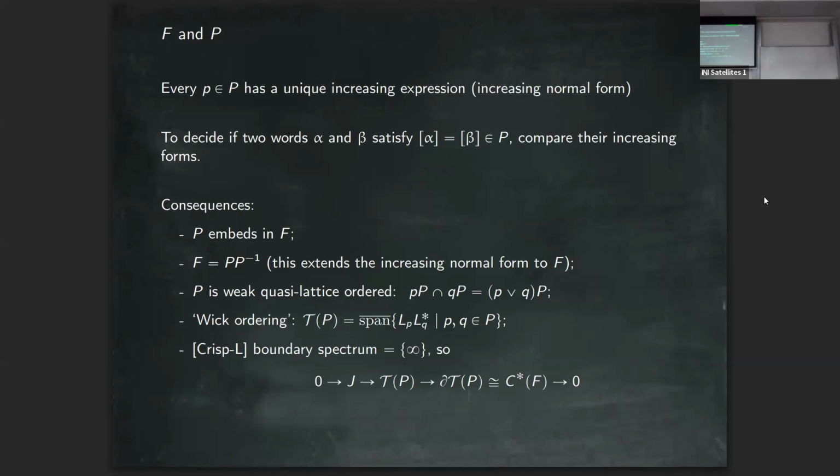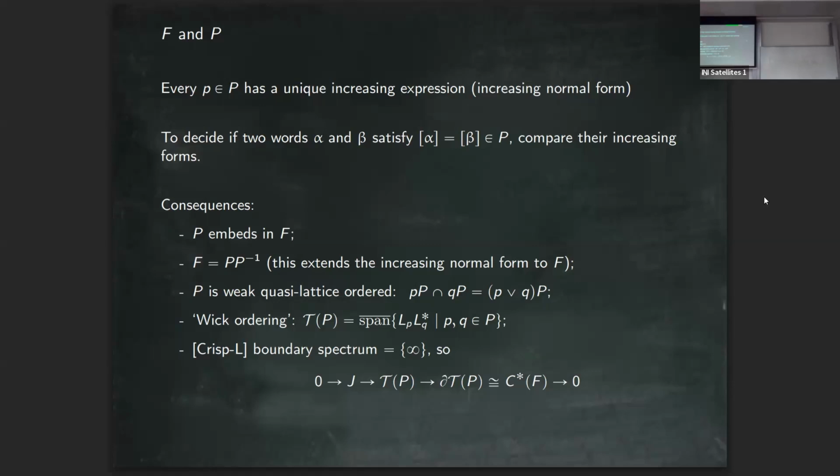If you want to compare two words, find the increasing index normal form for both of them. If it's the same, the words are equivalent and give you the same element of the monoid P. And as a result of this, because the increasing index normal form works also in F, P embeds in F. So it wasn't clear before. You have two presentations. There's a homomorphism from the monoid into the group, but it is actually an injective homomorphism.